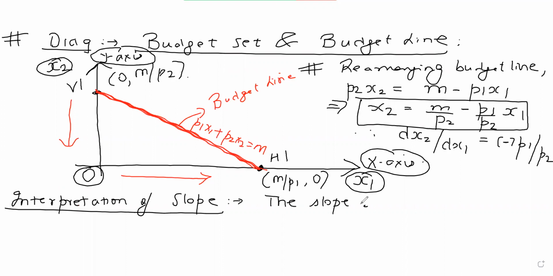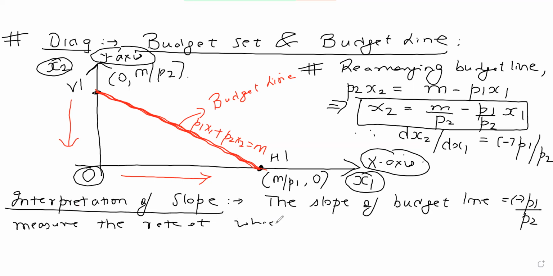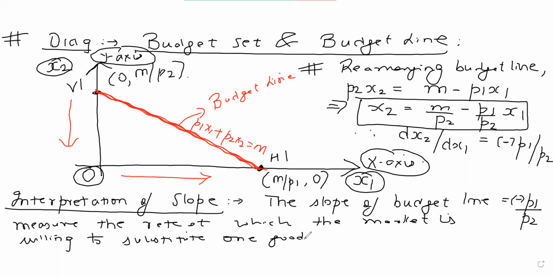The slope of the budget line, which is minus P1 by P2, measures the rate at which the market is willing to substitute one good for another.